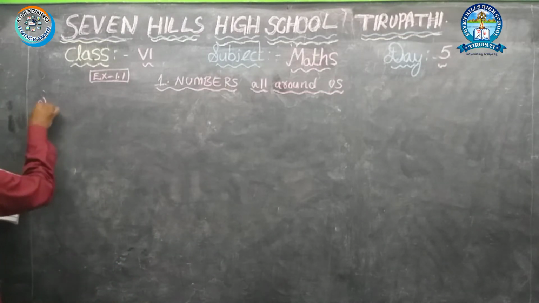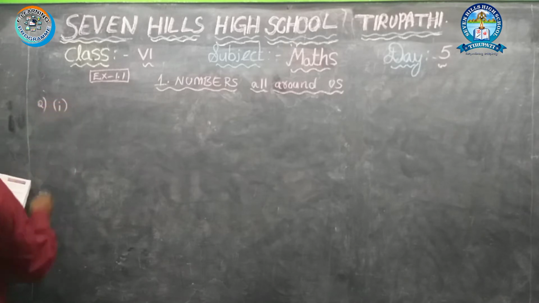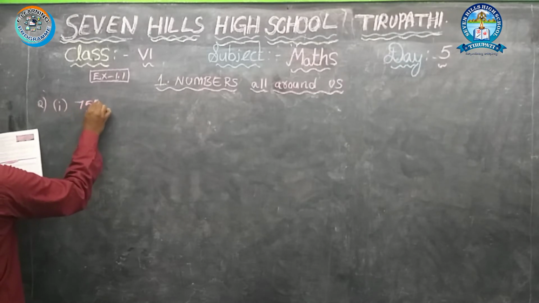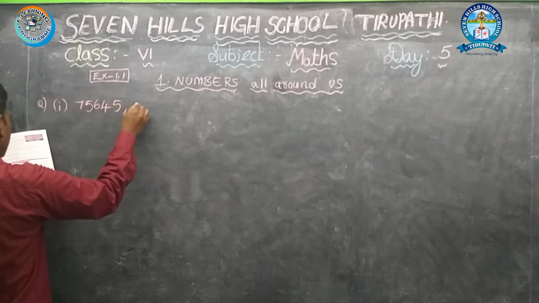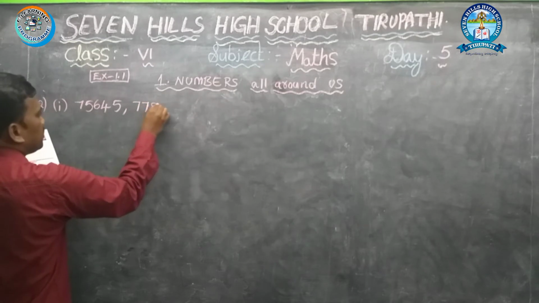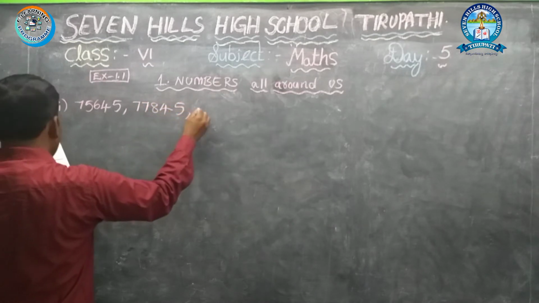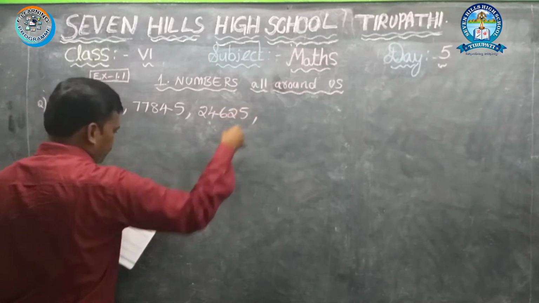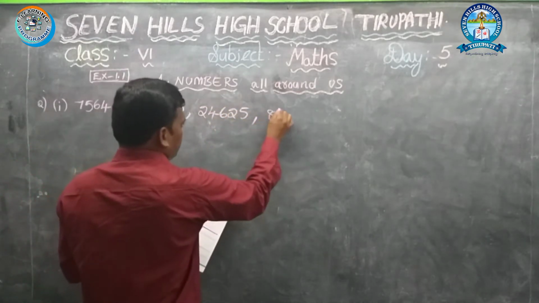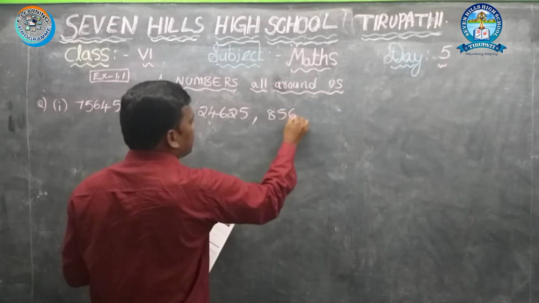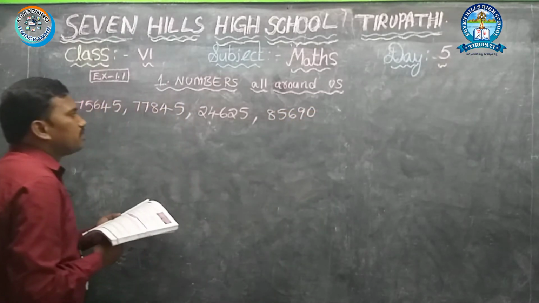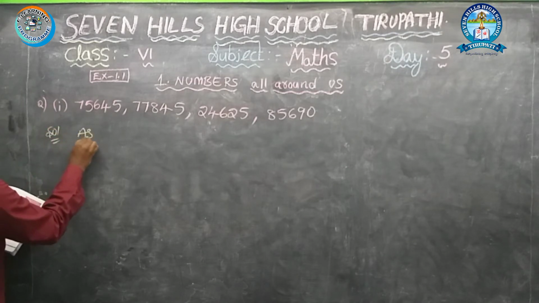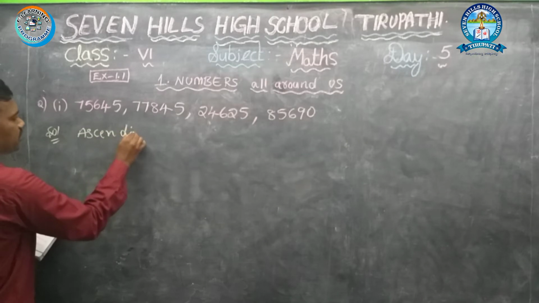In the second Roman, first question: 75,645, 77,845, 24,625, 85,690. We are writing ascending order.